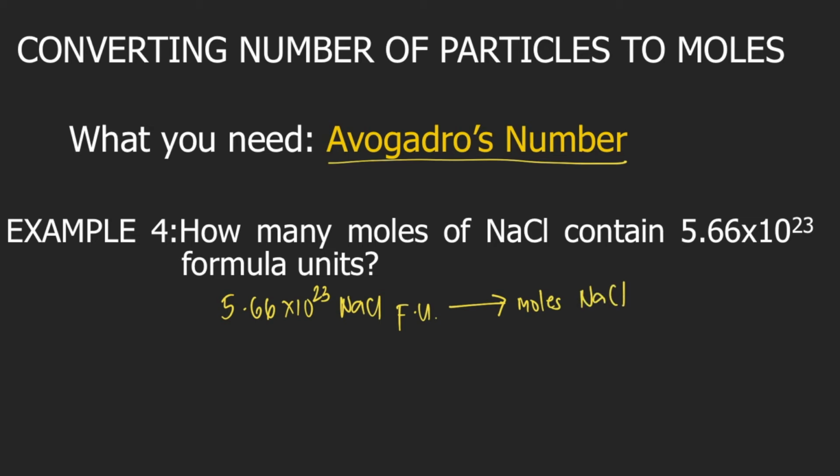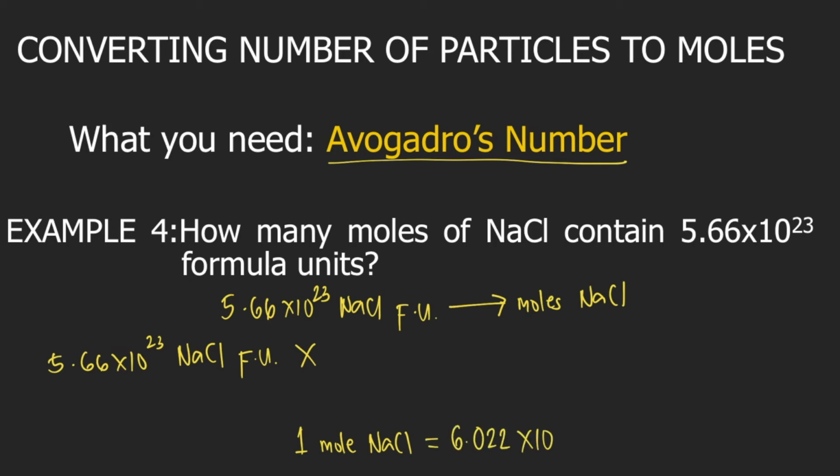So we start with the given 5.66 times 10 raised to 23 NaCl formula units. And by definition of Avogadro's number, 1 mole of NaCl is equivalent to 6.022 times 10 raised to 23 NaCl formula units. So we use formula units because NaCl is an ionic compound.